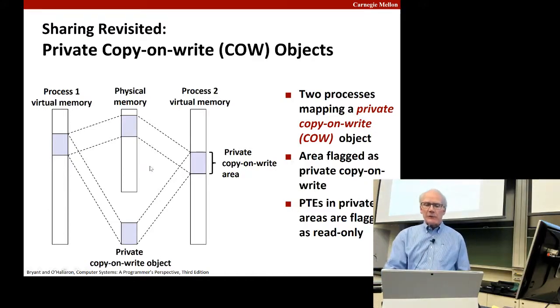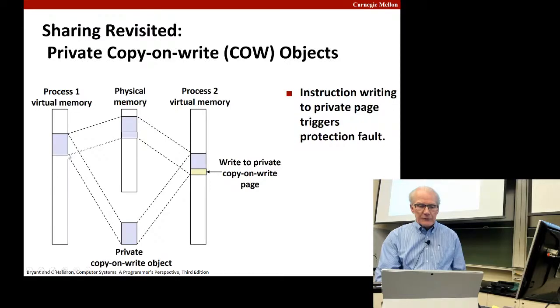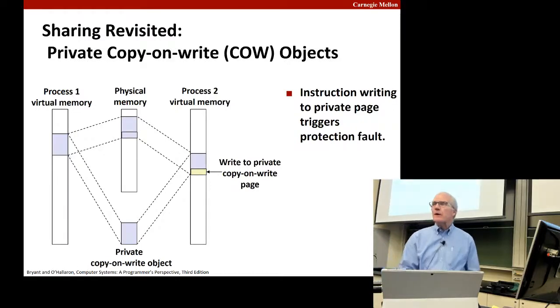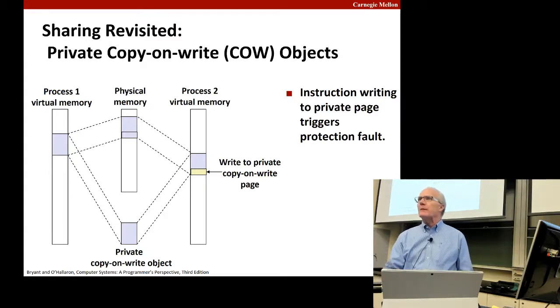And now if one of these processes comes along and tries to write it, let me see if this is diagrammed. Yeah, so if one of these processes tries to write it, then the page table entry will say, no, you can't do that. And so that will cause a page fault. But now it comes up to the operating system, which can say, oh yeah, but this is a page I marked as copy on write.